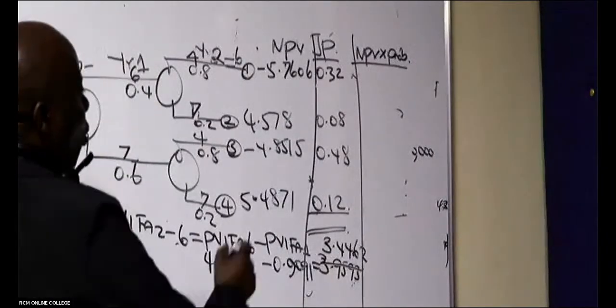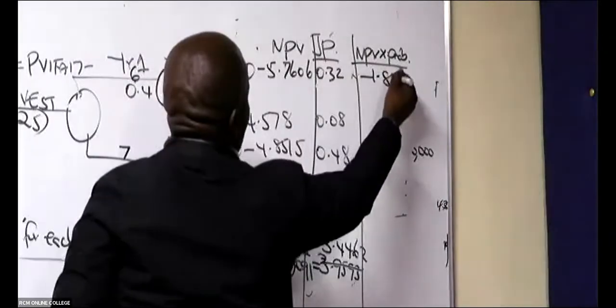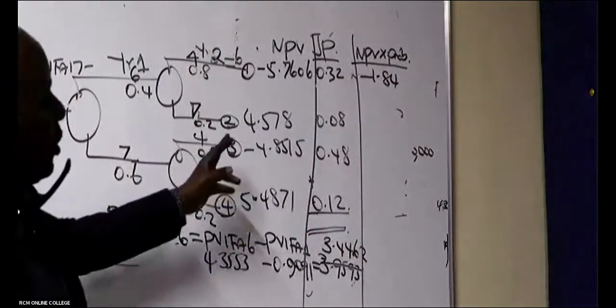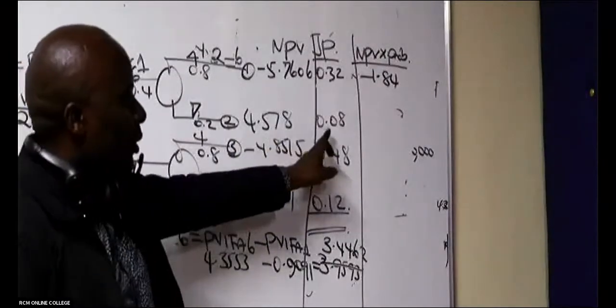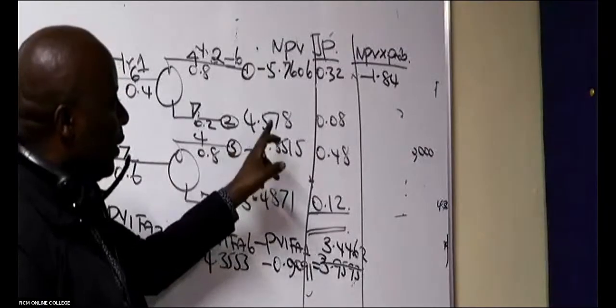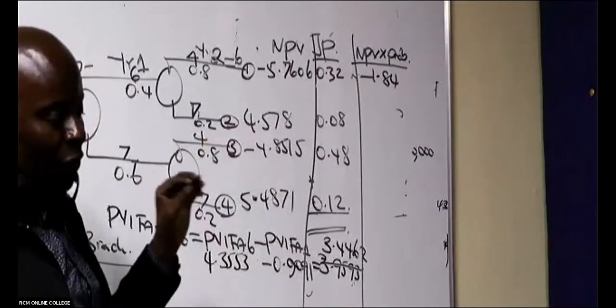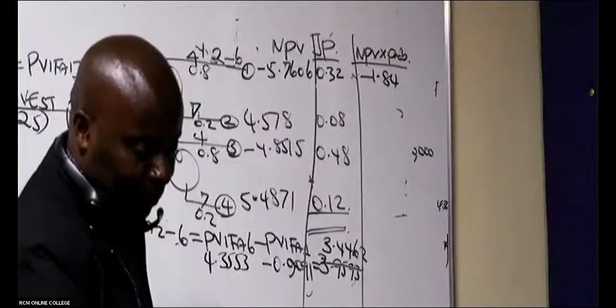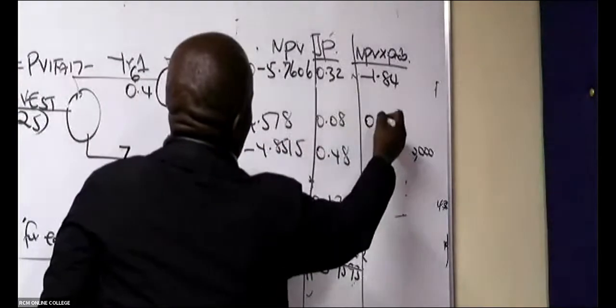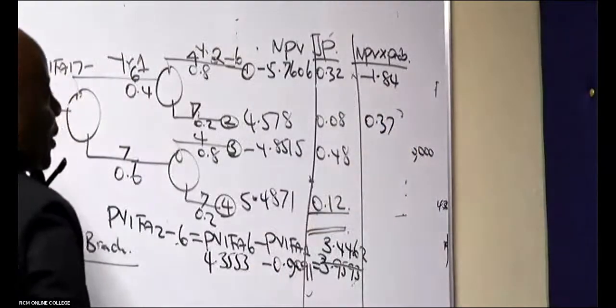Minus 1.84. Then you continue like that. Go to the second node here. We have this NPV times 0.08. 4.578 times 0.08. Give me an answer. 0.37. 2 decimal places are sufficient.